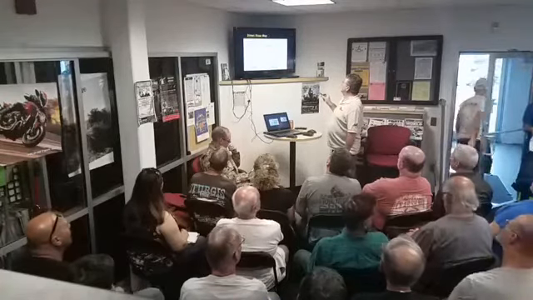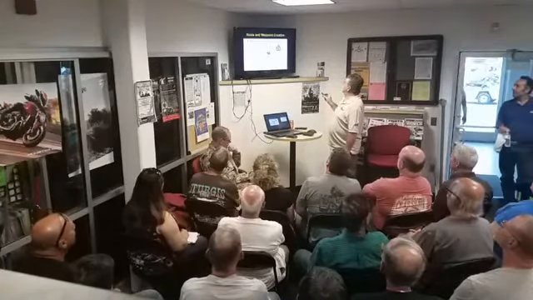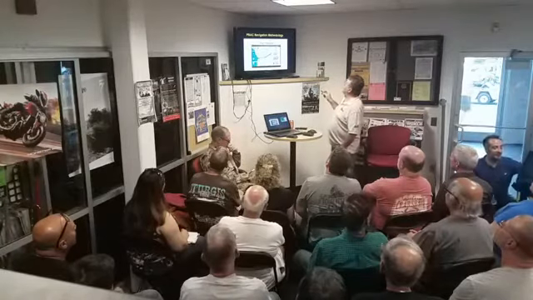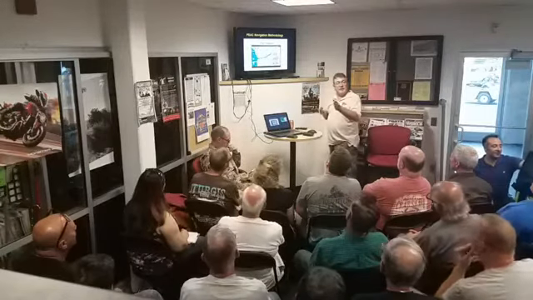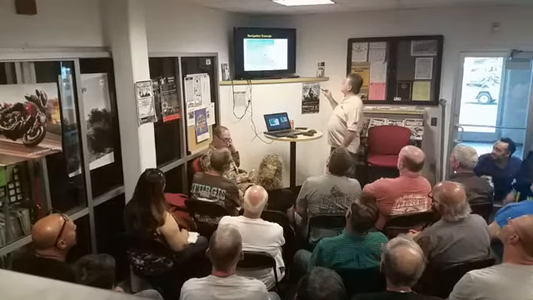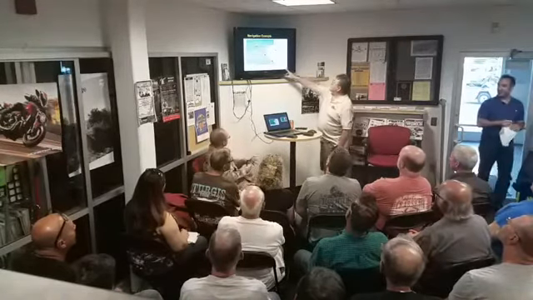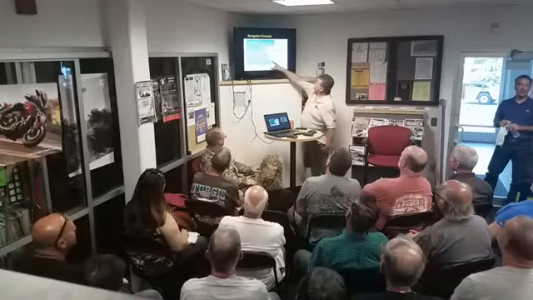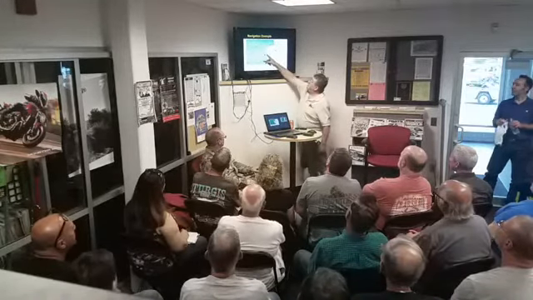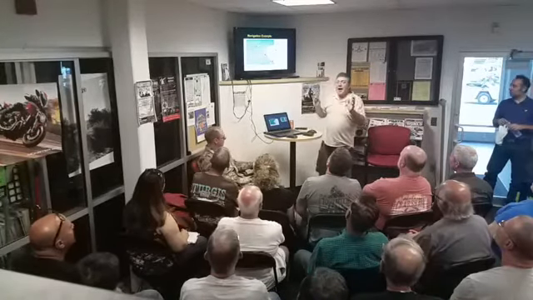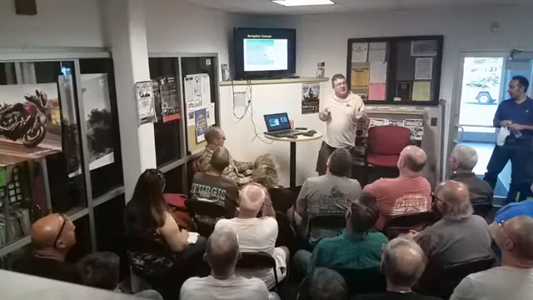Let's see. I'm just going to move ahead here to pointers. There we go. So if you have the pointer activated and you're following a track or a route, it'll point the way you want to go. If you're navigating along this track, the pointer's going to start pointing the right direction at supposedly the right time.